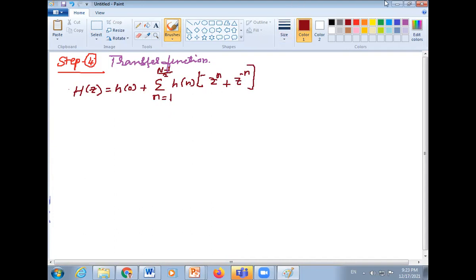As we have calculated in the previous step, the value of h of 0 is 0.5.